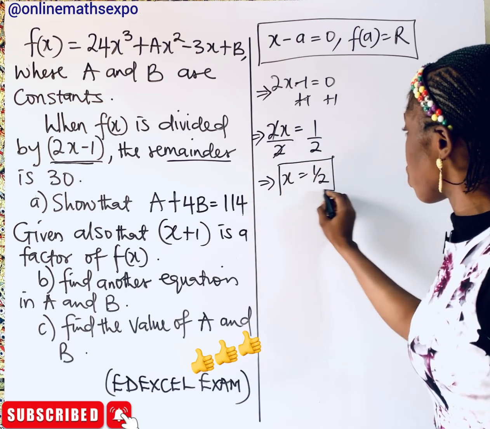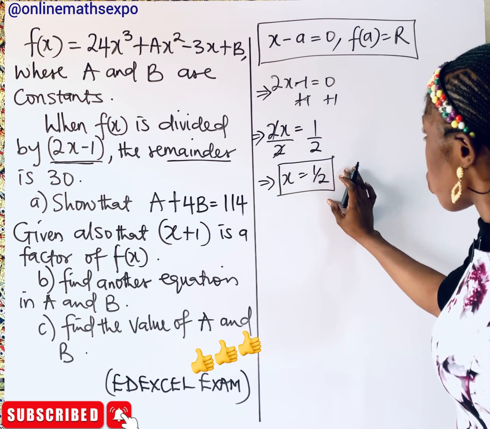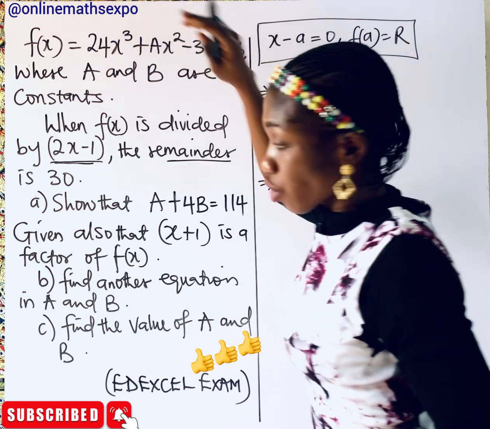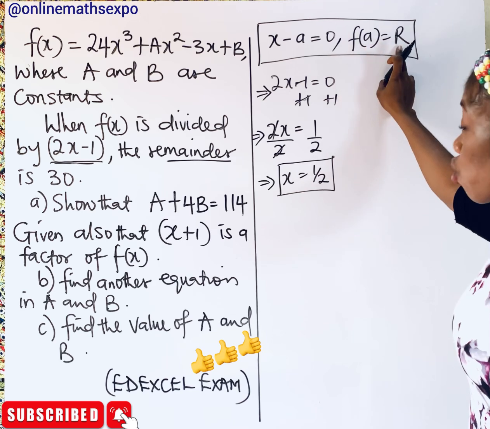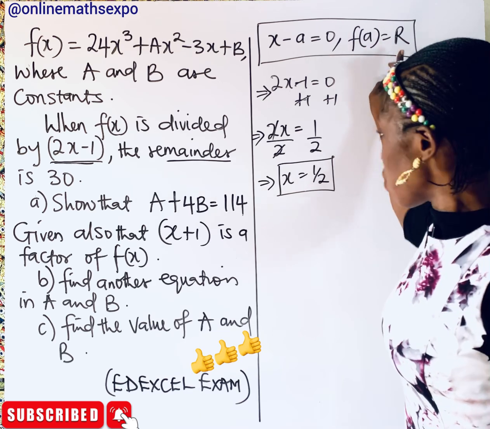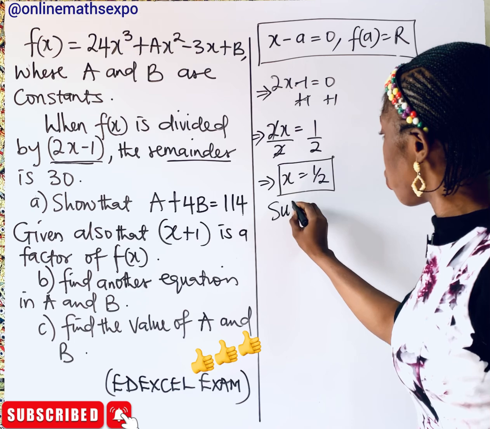So since you've gotten x as half, this is what we are going to substitute into the function, okay? And when you substitute it, just like you did here, it will be equal to the remainder. So by substituting, what do you have?